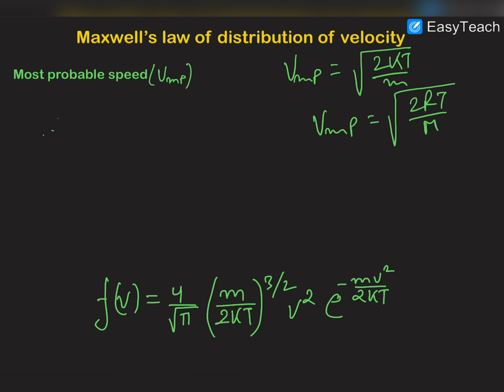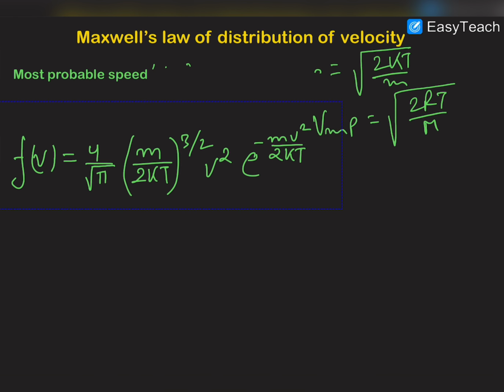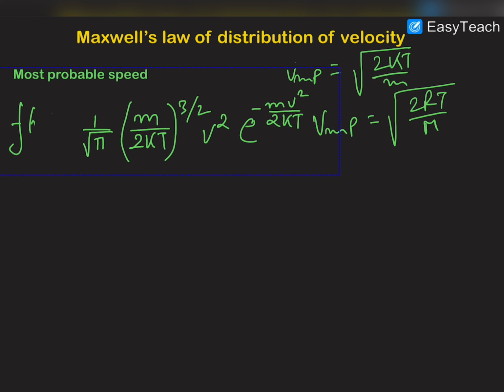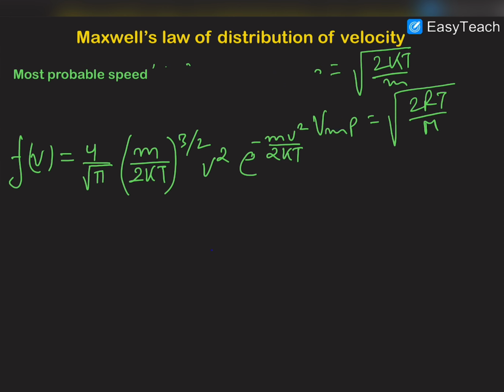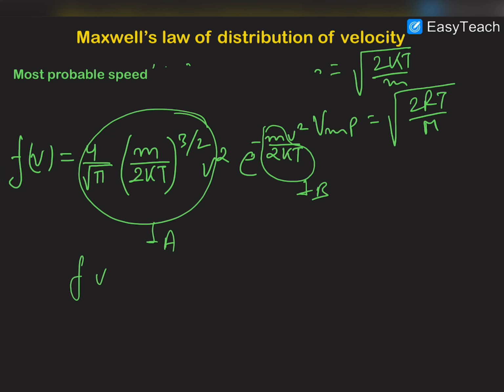Now let us assume that this complete part is A and this, except v squared, is B. So let us write Fv as A v squared into e to the power minus B v squared.